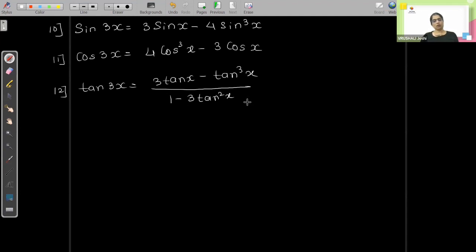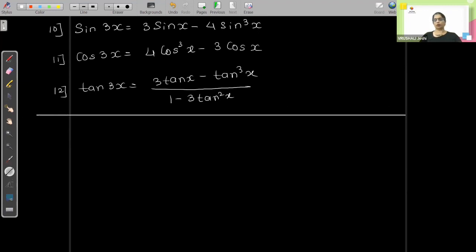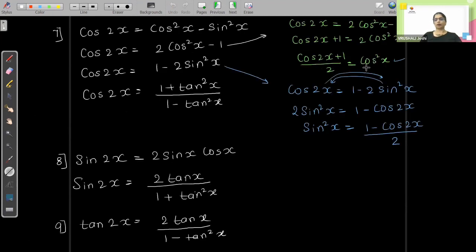Then this is the triple angle formula. Cos square x we had derived, let's do a derivation. We use that a lot. After we do this, we will use that one, the derivation that we did here, where we derived the value of cos square x in the form of cos 2x and sin square x in the form of cos 2x.